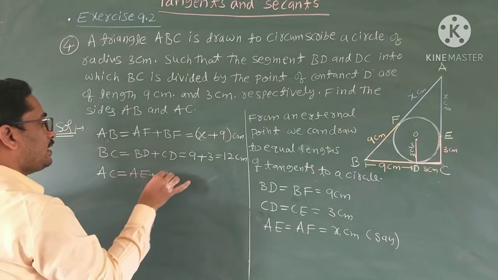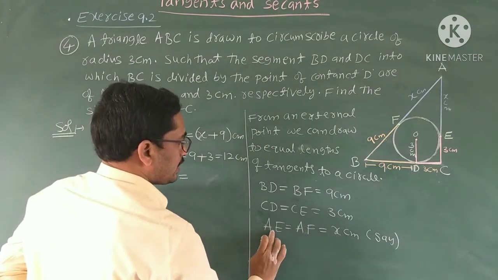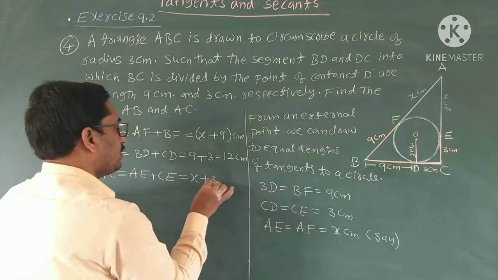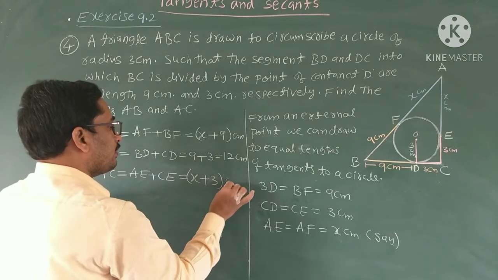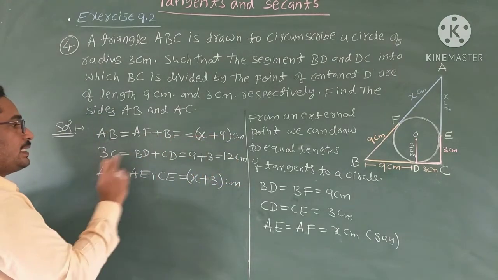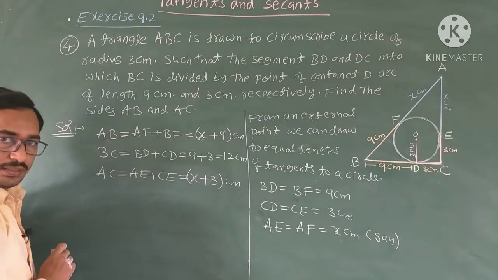AE value is given X. CE value is 3. So X plus 3 centimeters. AB value X plus 9 centimeters, BC value 12 centimeters, AC value X plus 3 centimeters.